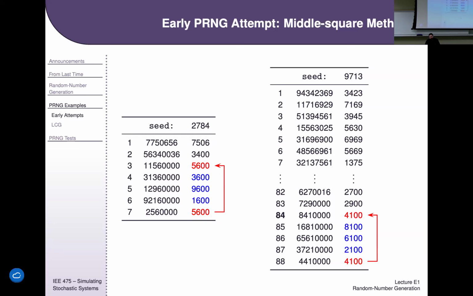And sometimes it's really hard to detect those cycles because you can start with a seed up here, and then you get this long transient, and that long transient here ends up eventually leading to a cycle. So the 84th number, we start a cycle like this cycle, but we had to go 84 numbers to even detect that that cycle was there.